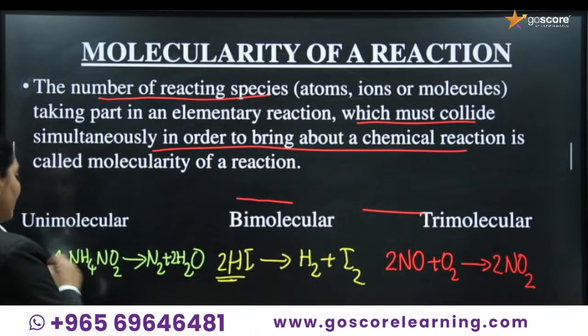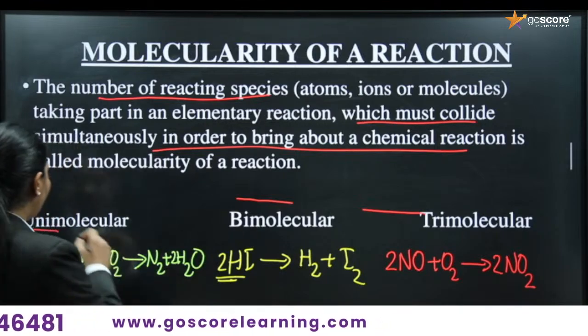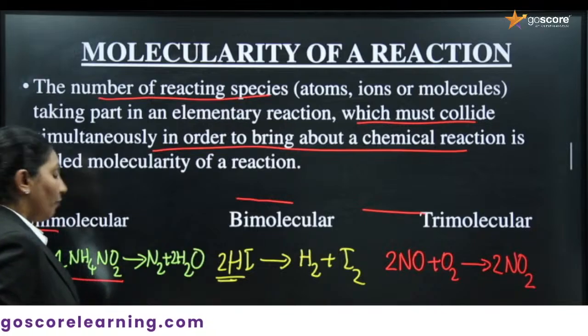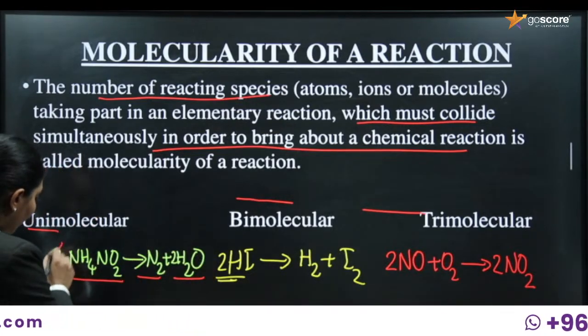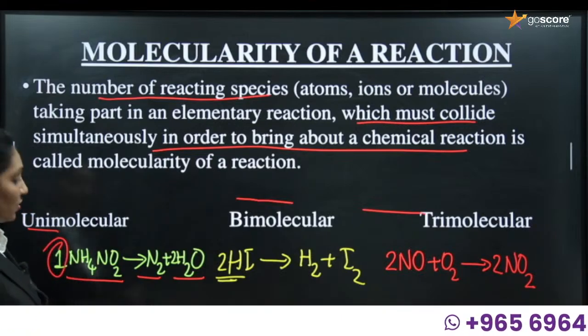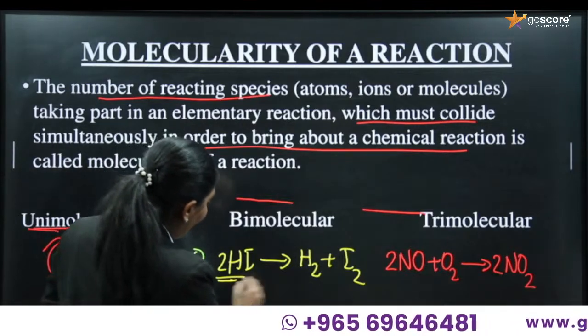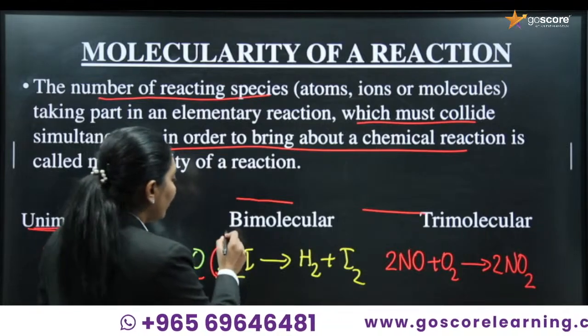If a reaction is proceeding with one molecule, we call it a unimolecular reaction. For ammonium nitrate, nitrogen and water are forming, and there only one molecule is there. So, it will be a unimolecular reaction. In case of hydrogen iodide, there are 2 molecules, so it will be bimolecular.